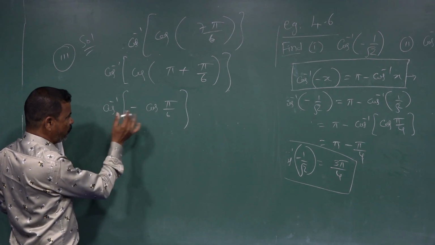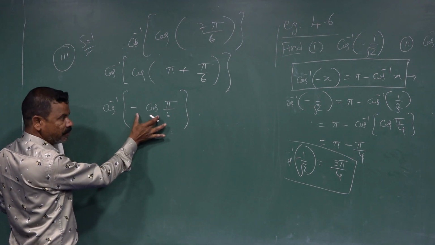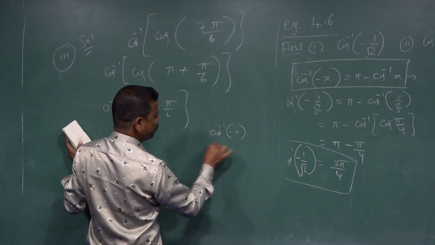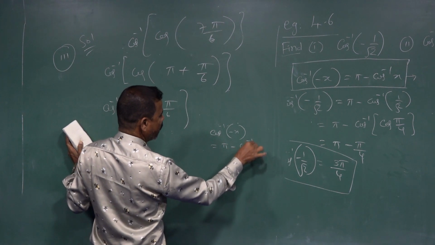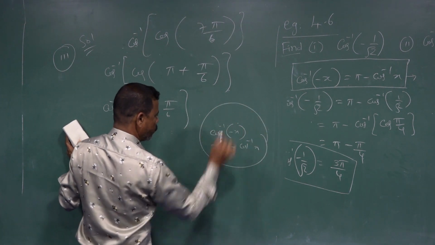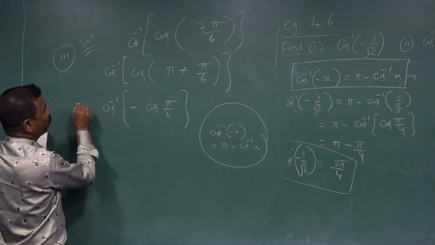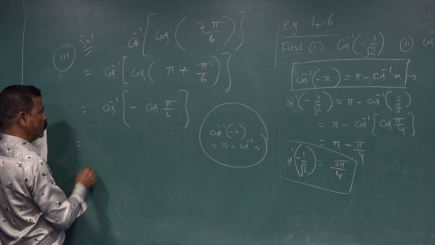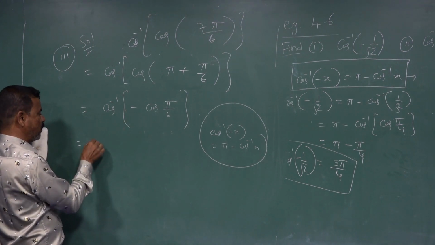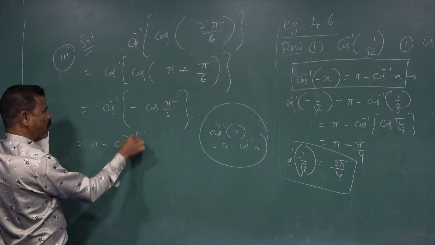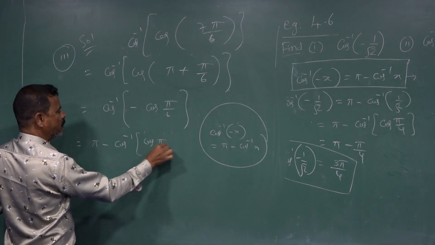Next, cos inverse of minus x we consider as π minus cos inverse x. Cos inverse of minus x is equal to π minus cos inverse x. By using this formula, cos inverse of this value is equal to π minus cos inverse of cos π by 6.